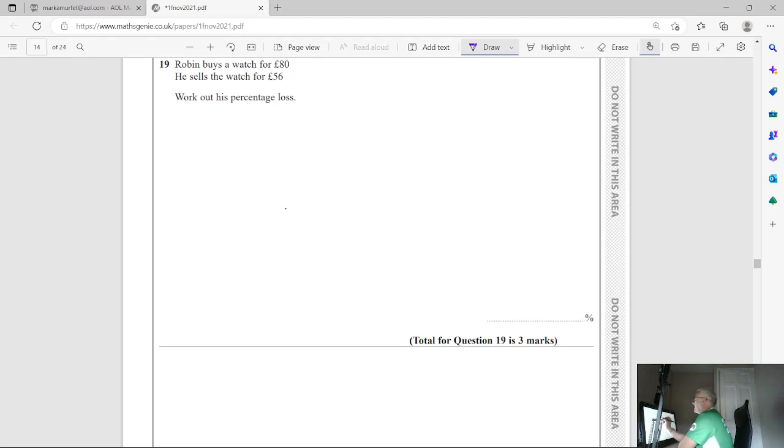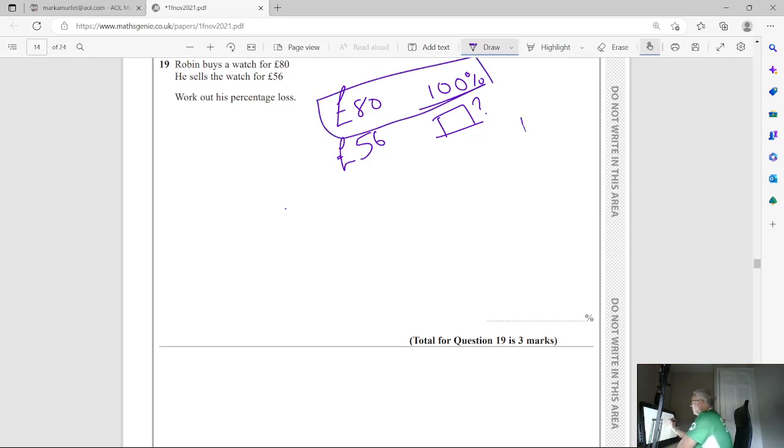So he buys it at £80, which is 100% of the cost. He sells it at £56, but we don't know what that percentage is. That's what we've got to find. So if 100% is 80, what's 10%? And 10% would be £8.